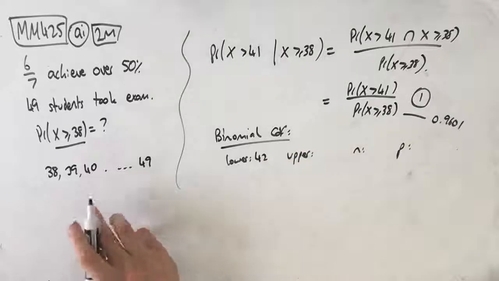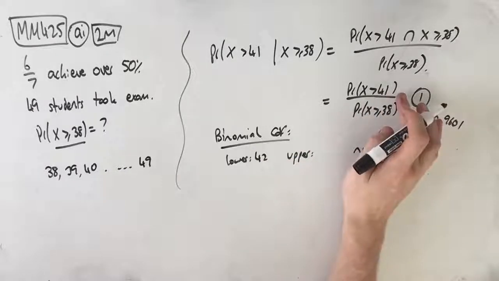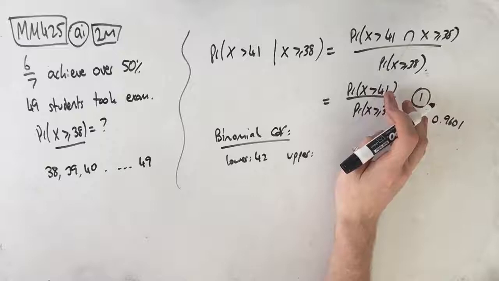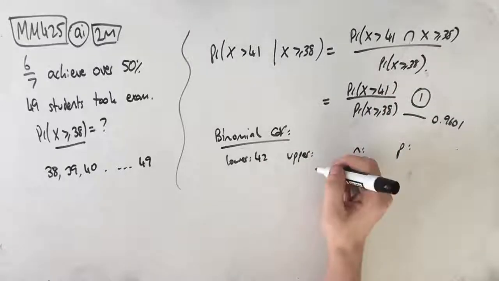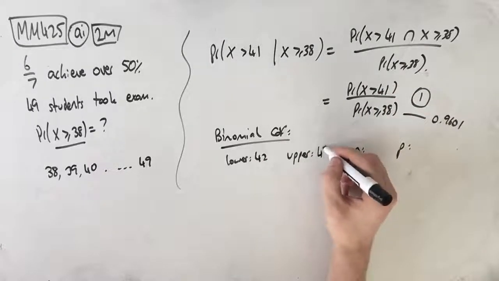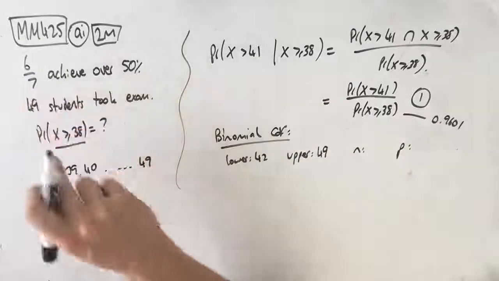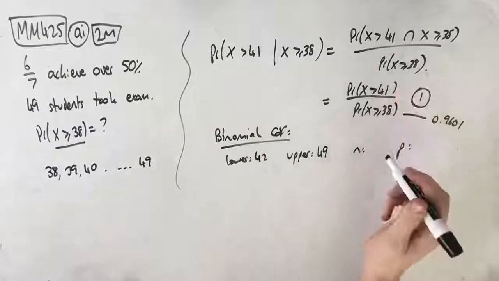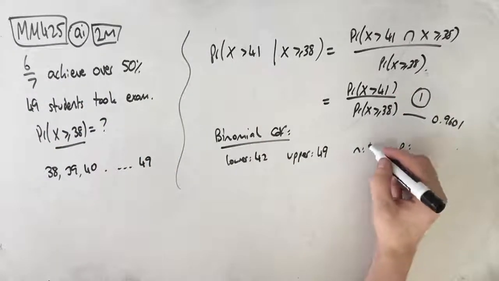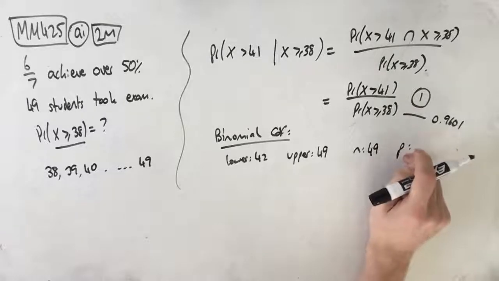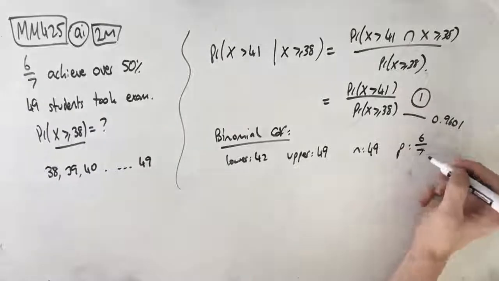Because we're looking for everything bigger than 41 or greater than 41. Now 41 is not greater than 41, so 42 is our lowest bound. As always, our upper is 49, because that's the amount of students we have in the exam, and it doesn't have an upper limit on this value. Our N value is also 49, and our P value again is 6 on 7.